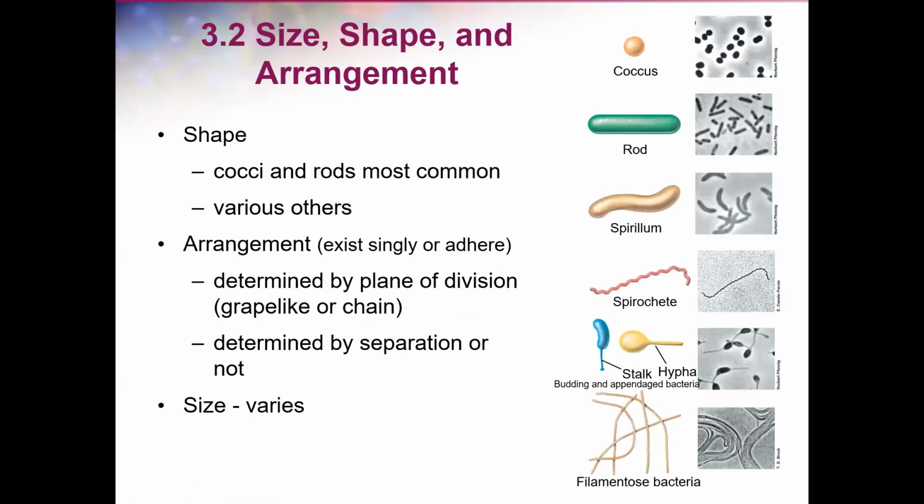Then you can see the general morphology for microbes, only about 3 to 5, here about 3 to 6, different shapes.